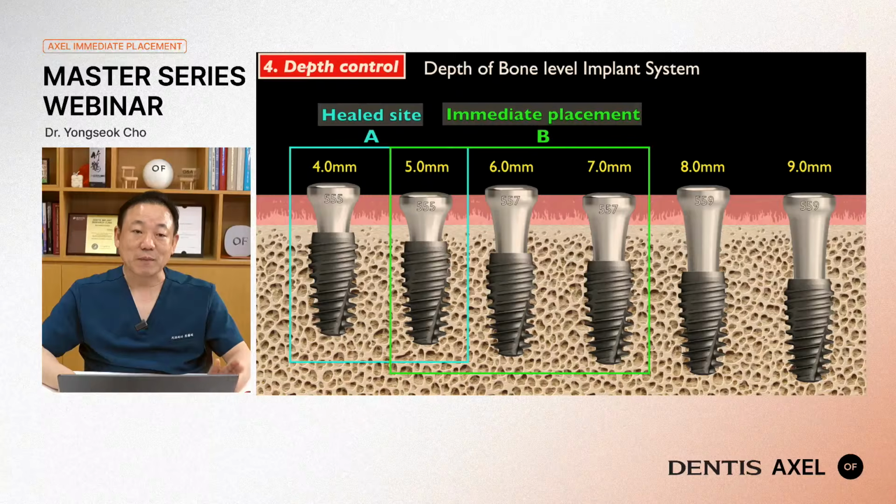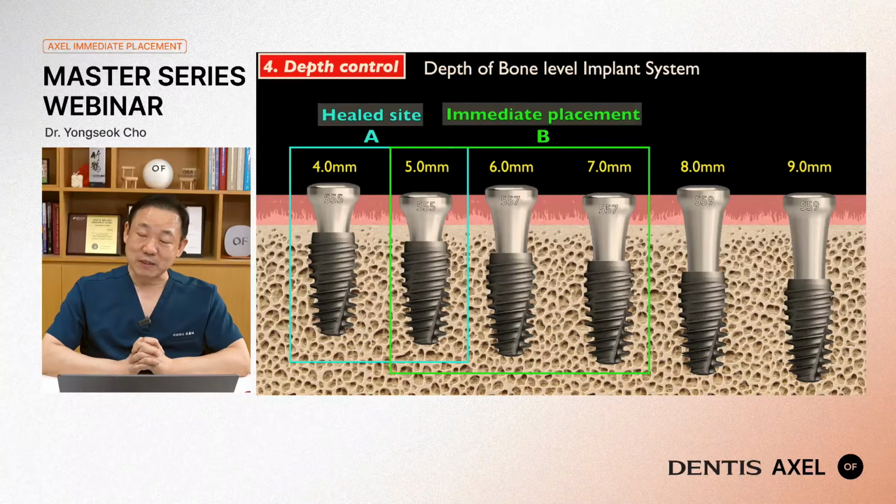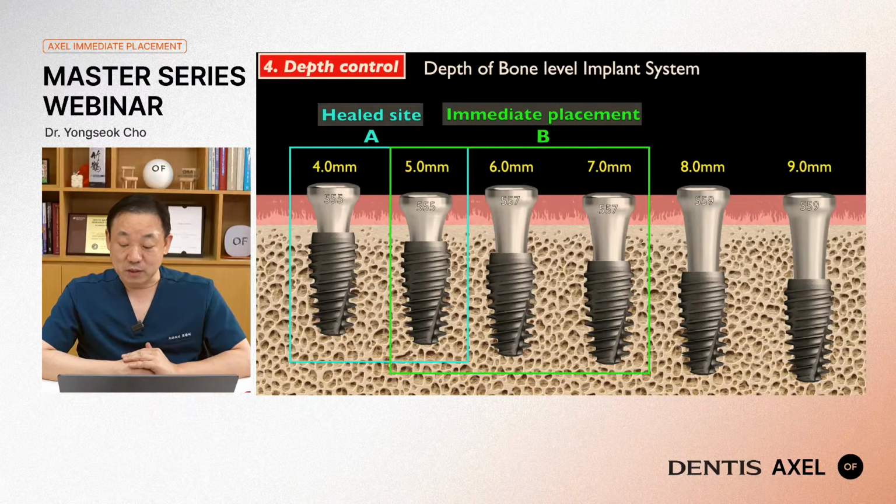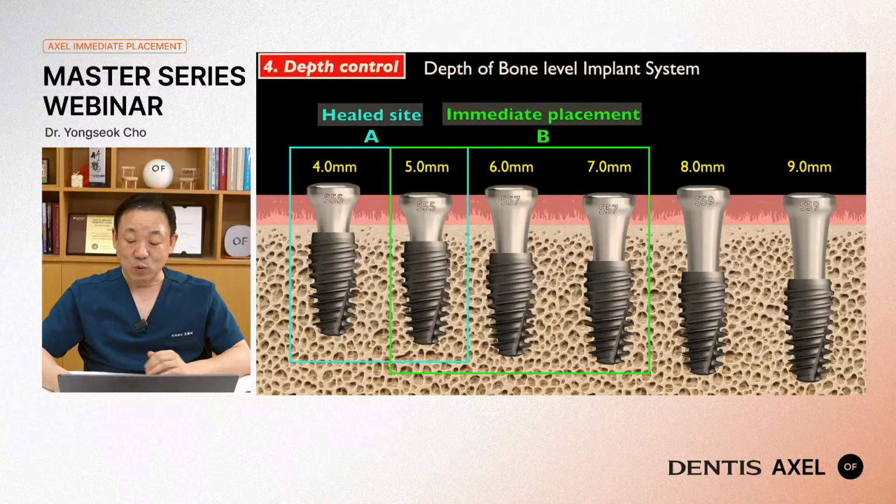Generally, I place between 5 or 6 millimeter, but sometimes I place the implant 7 millimeter. It's no problem. The depths of 8 millimeter or 9 millimeter are not intentionally planned, but may occur unexpectedly or unavoidably.